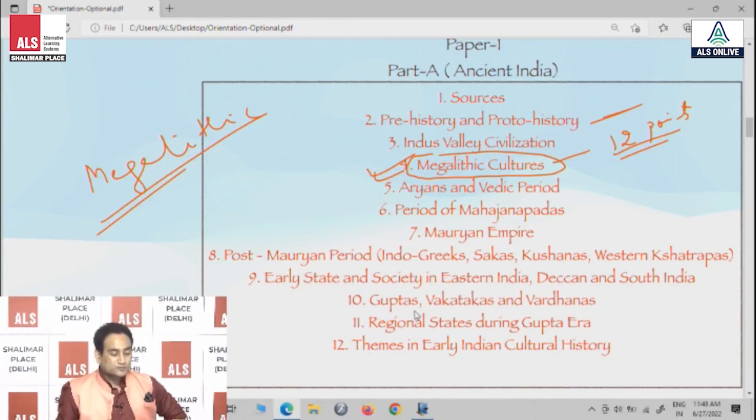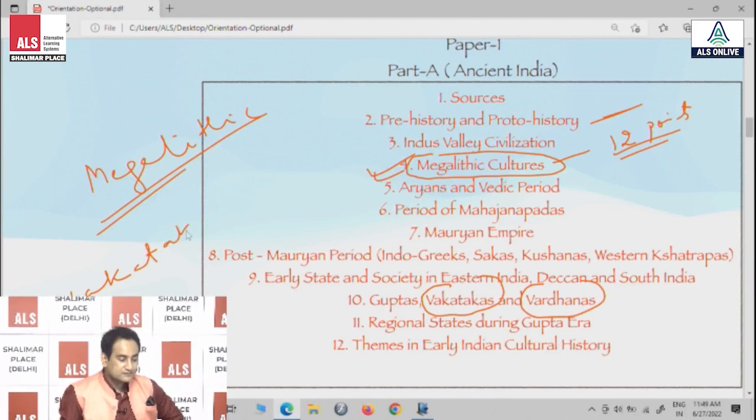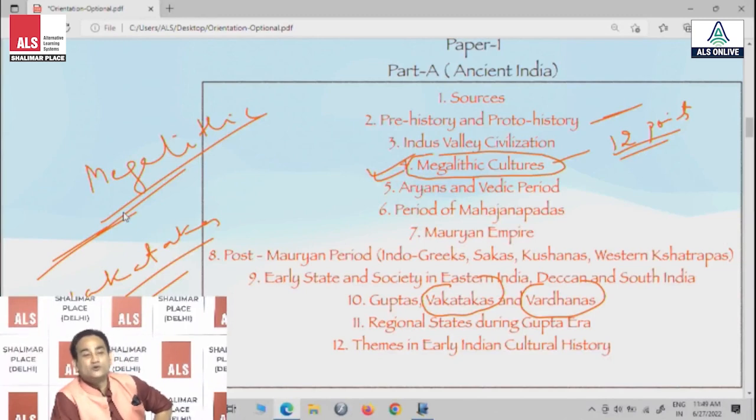society, then Guptas, then Vakatakas, Vardhanas. See, we generally avoid Vakatakas. And in the last 4-5 years, there has been more news related to Vakatakas. So as an optional student, when you are preparing history, you are concentrating not only on Guptas, but also on Vakatakas.